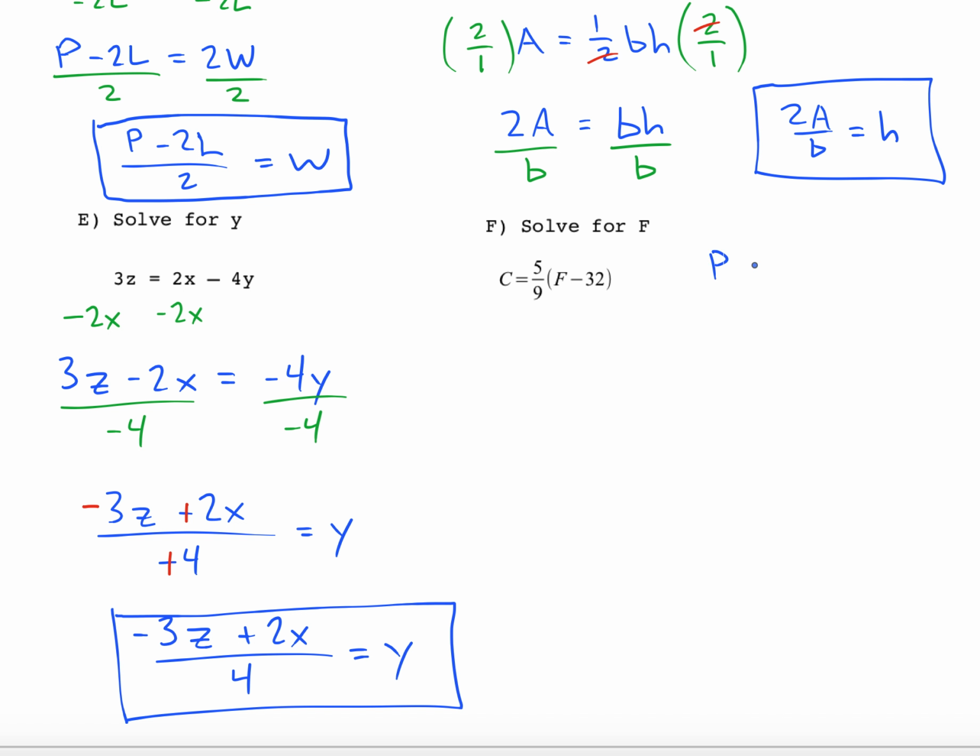Now, according to PEMDAS, when we're solving equations, we go this way. So additions and subtractions normally get undone first. But this subtraction is in parentheses. Parentheses get undone last. So the first thing to undo here is actually the 5/9.